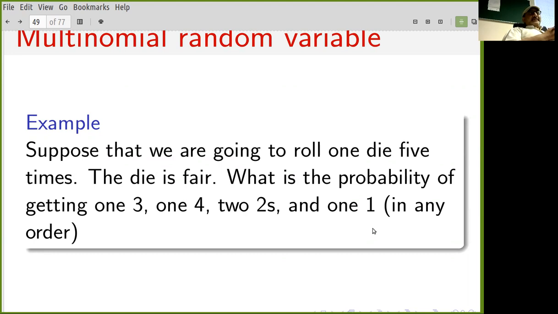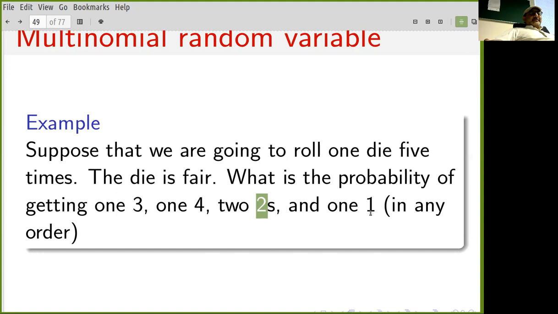How many particular sequences are there here? If these 5 symbols were distinct, there'd be 5 factorial ways of doing it. But they're not, so we're overcounting by 2 factorial because there are two 2s. So the number of ways is 5 factorial divided by 2 factorial.